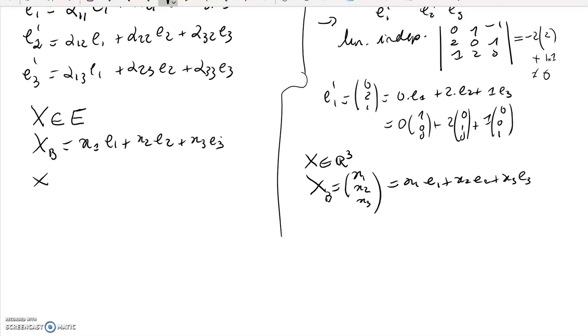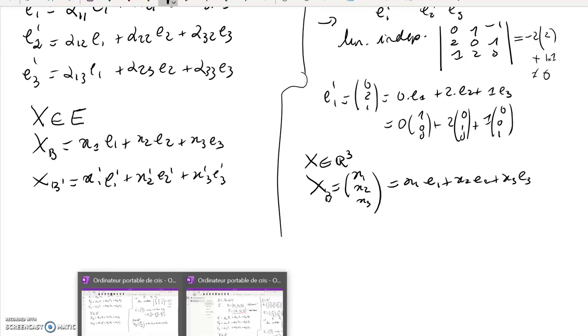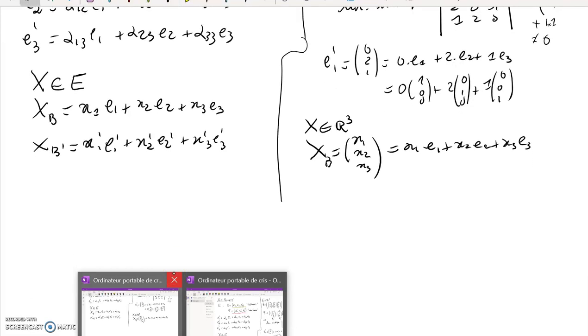But as we've also got a basis B prime, I know that I have a unique decomposition as a linear combination of vectors of B prime. That gives me x1 prime E1 prime plus x2 prime E2 prime plus x3 prime E3 prime. These x1 prime, x2 prime, x3 prime are really a unique decomposition.